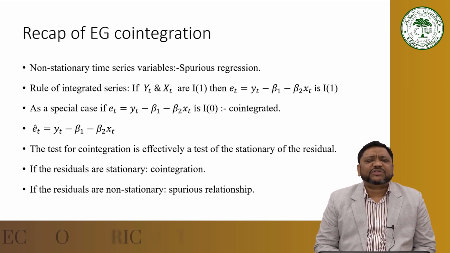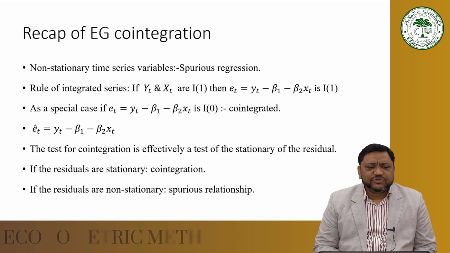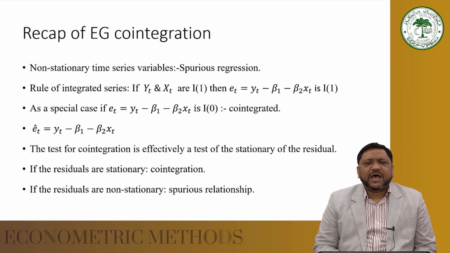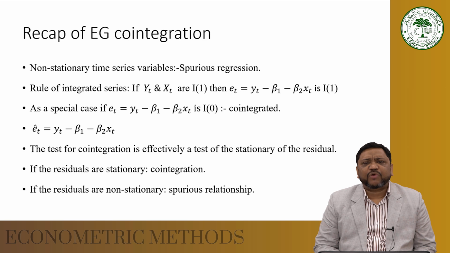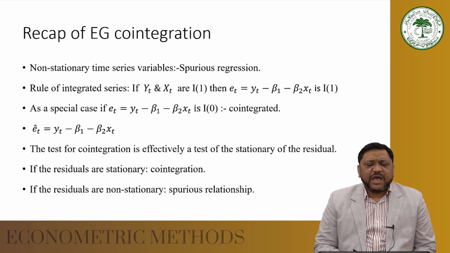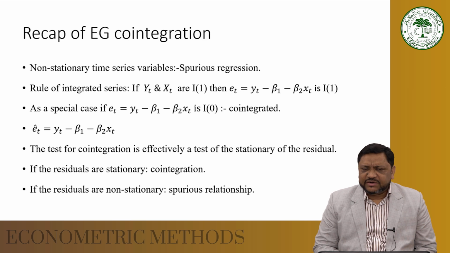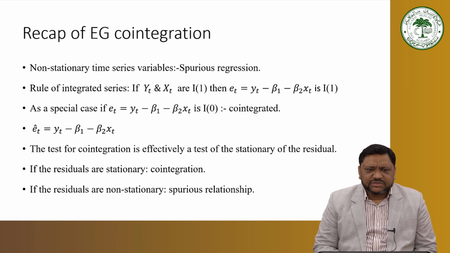Say we have two series Yt and Xt and they are I(1), and we have a linear combination e_t = Yt - beta1 - beta2 Xt. According to the properties of integrated series, this series e_t should also be I(1).